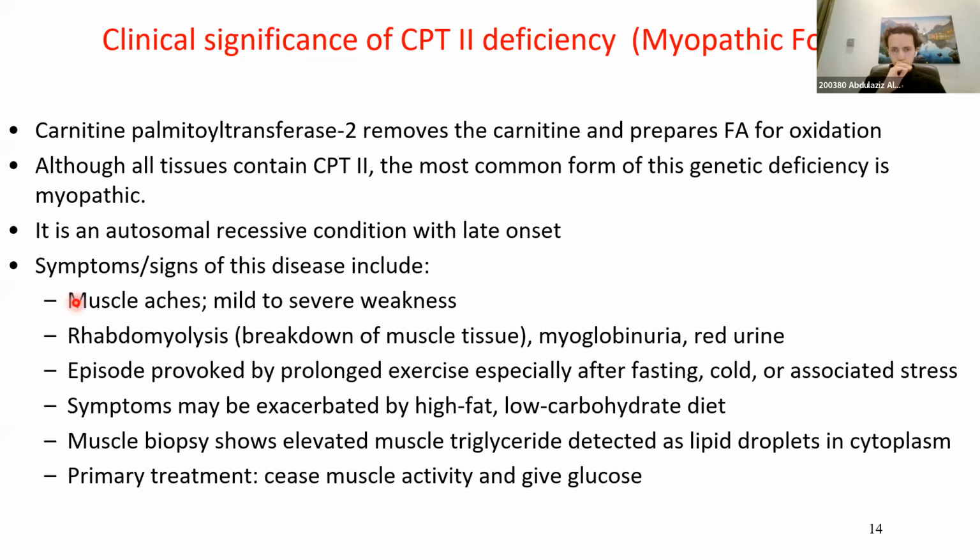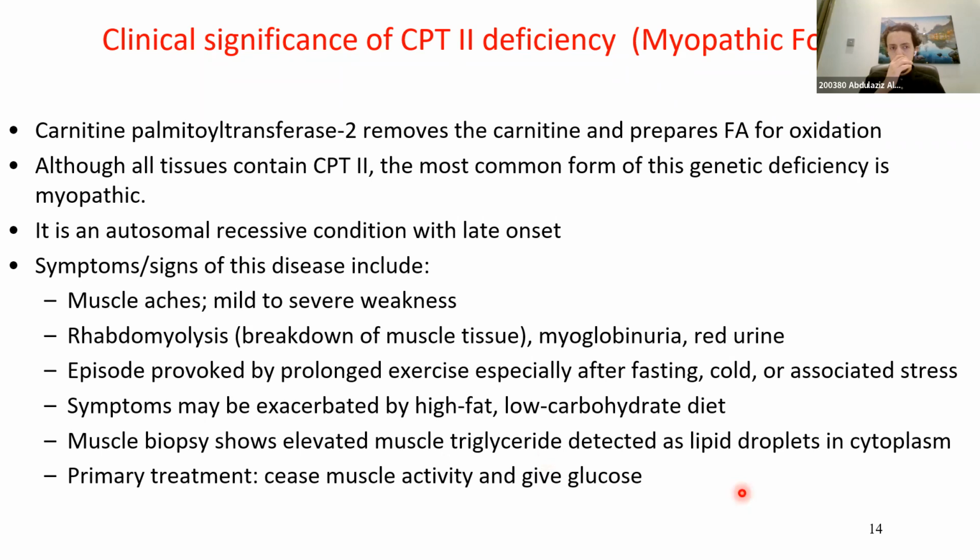The doctors could ask you a question like this: symptoms of muscle aches, rhabdomyolysis, which could be prolonged or provoked by fasting, and exacerbated by a high-fat diet. A muscle biopsy shows elevated muscle triglyceride as lipid droplets. The primary treatment is to cease muscle activity and give glucose.